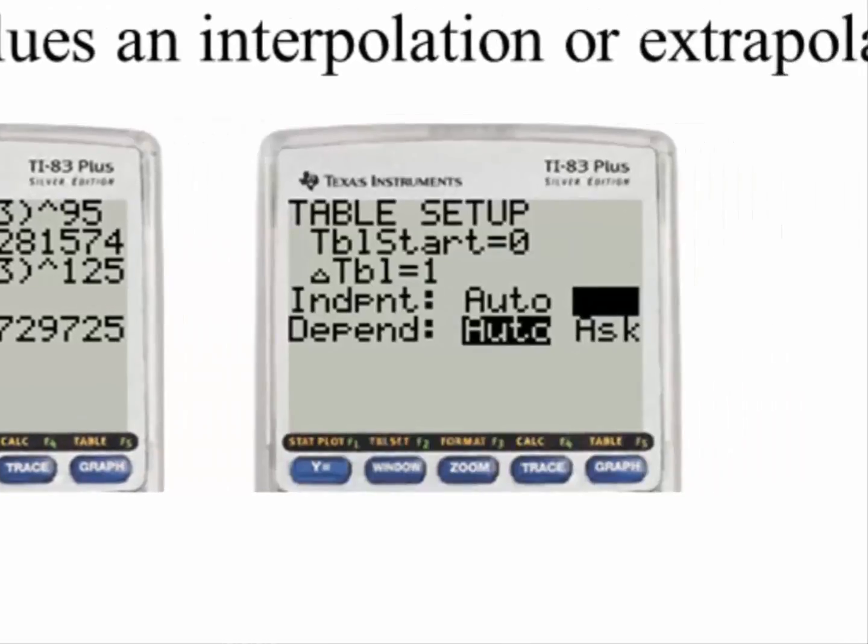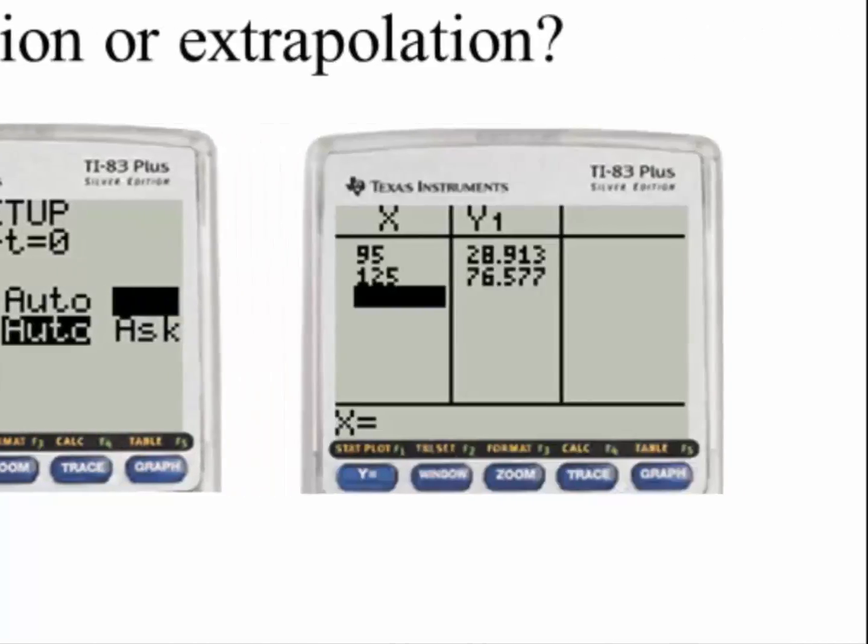We could also use our table function. If we hit second and window for table set, change the independent to ask, we can type in 95 for x and 125, and we get the corresponding outputs.